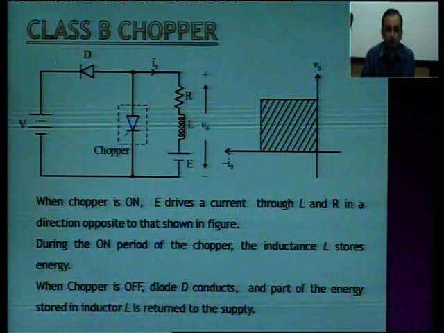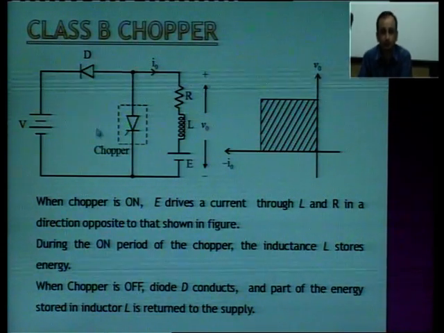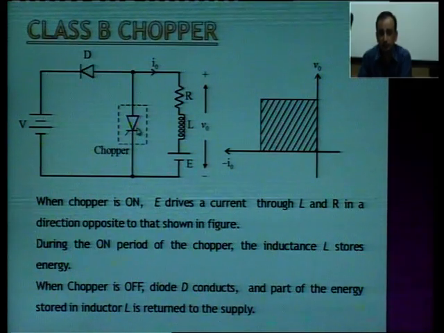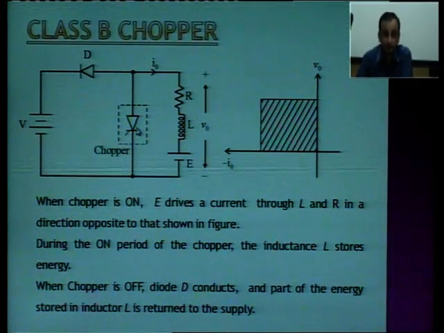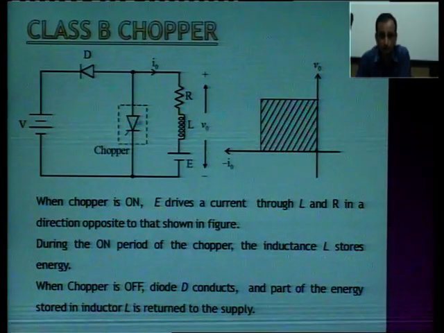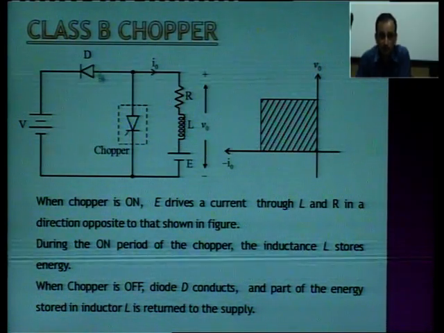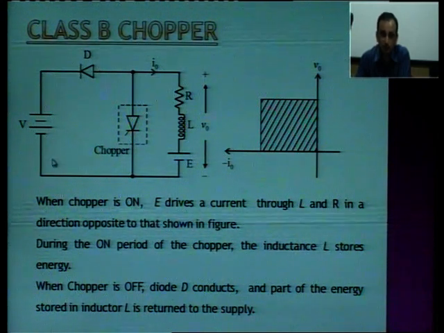Now, the class B chopper. This is the circuit diagram for it. The chopper is placed at this position now. When the chopper is on, it cannot conduct through this path, because we have a diode here, so the conduction is possible through the other path only.